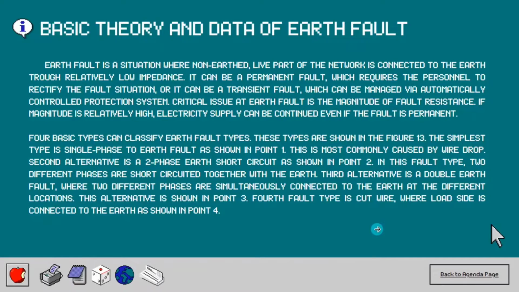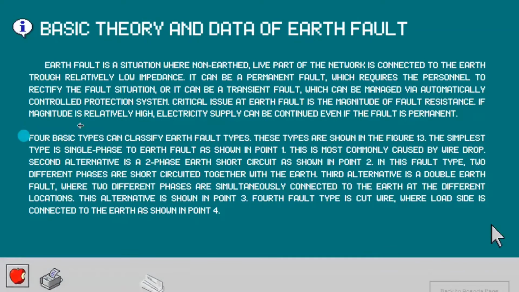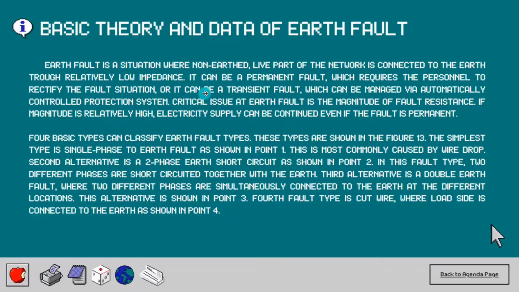The second alternative is a two-phase earth short circuit, as shown in point 2. This is figure 2, which shows the two-phase earth short circuit. In that type of fault, two different phases are short-circuited together with the earth.